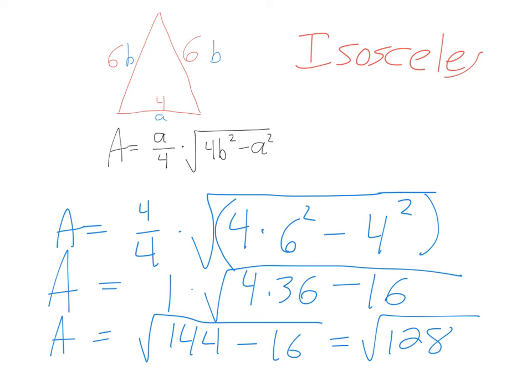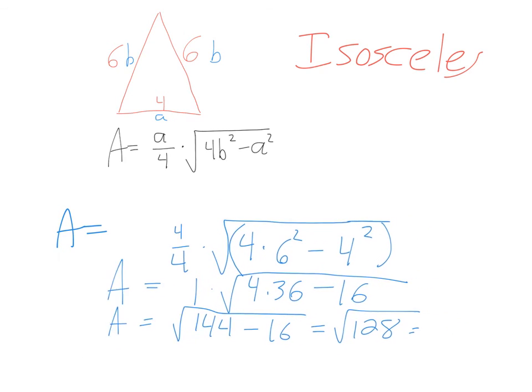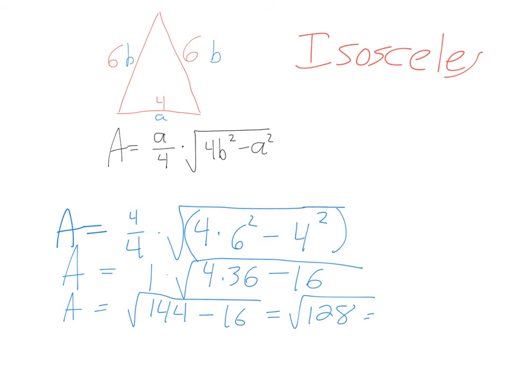And then the last thing I need to do is take the square root of 128. Now this is where you got to have a calculator. This is a message for all ninth grade: got to use a calculator. So the square root of 128 is 11.3137. I'll round to the nearest hundredth, 11.31.